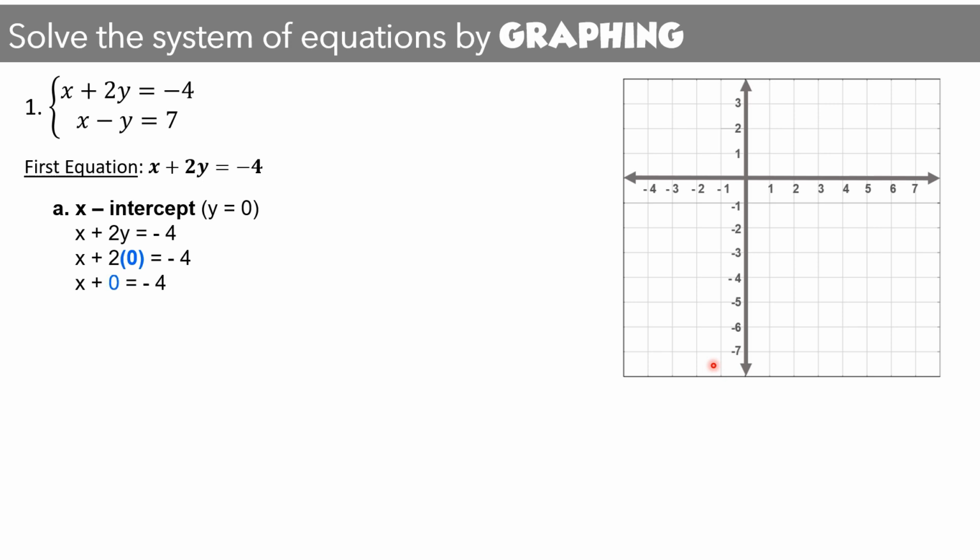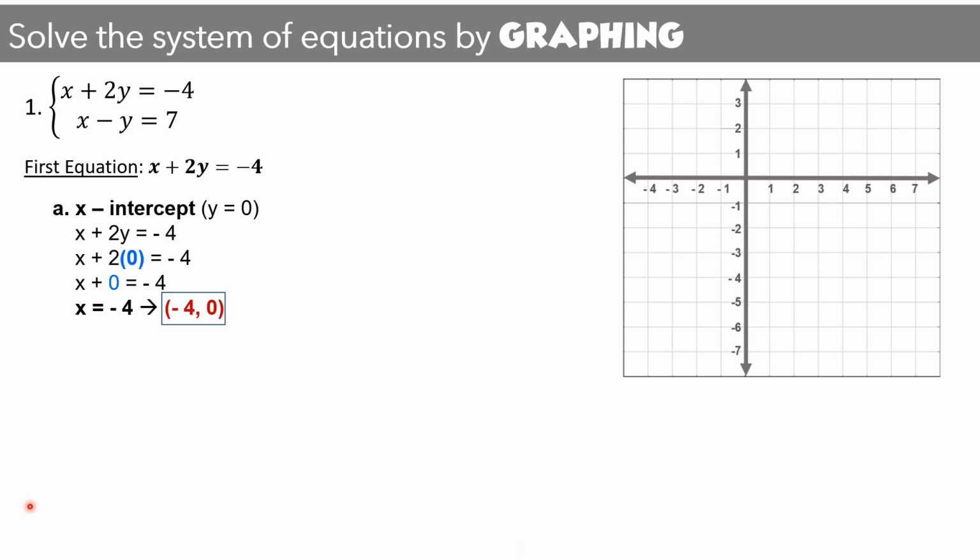You will get 0. So now we have x plus 0 equals negative 4. Or simply, cancel this 0. Now we have x is equal to negative 4. Therefore, the x-intercept of the first equation is negative 4. In ordered pair, we can write it like this. Negative 4, 0. Negative 4 for the x-intercept, and then 0 for y.